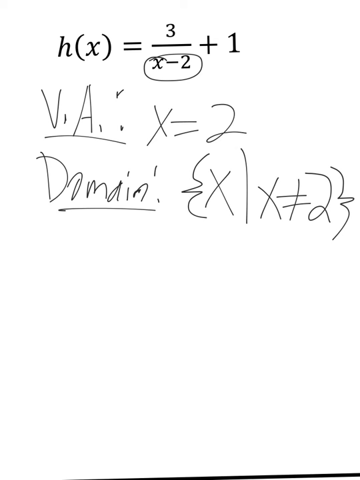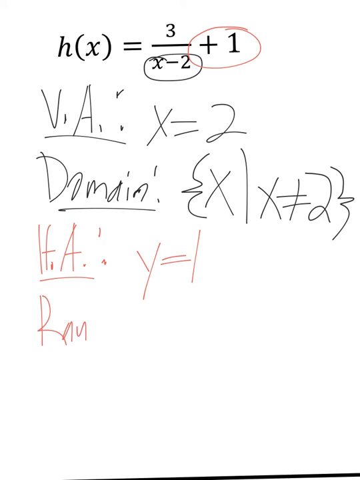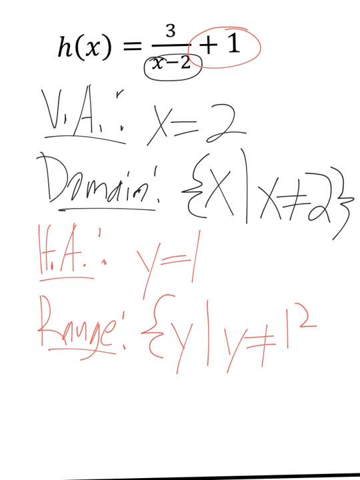And then I'll move on to my horizontal asymptote. And so that means my horizontal asymptote is just going to be at y equals 1, which means my range is going to be simply y is in all real numbers such that y cannot equal 1. And so I don't have any other negatives. There's no reflections here.